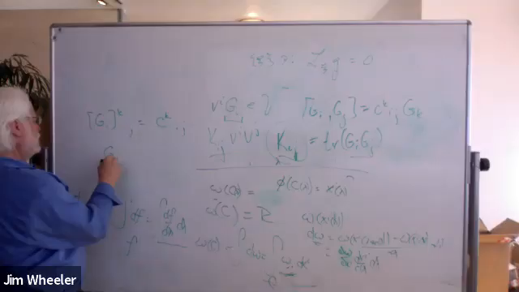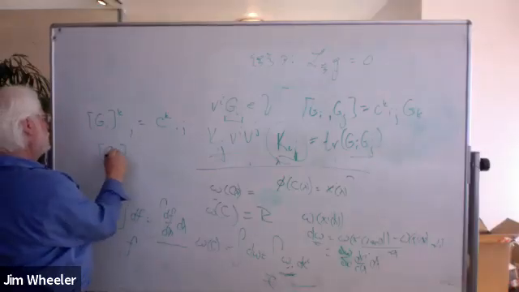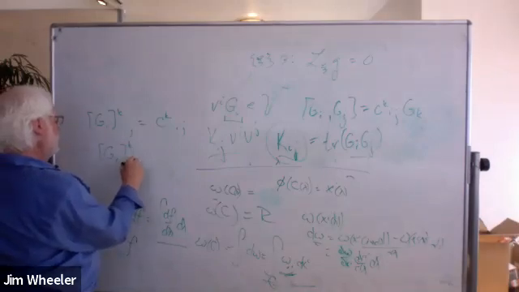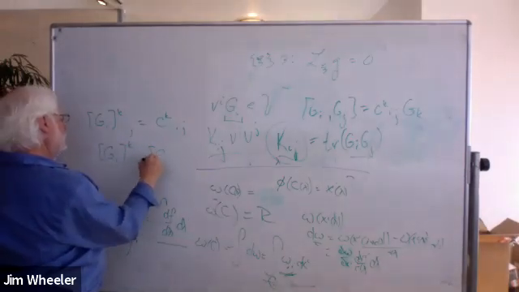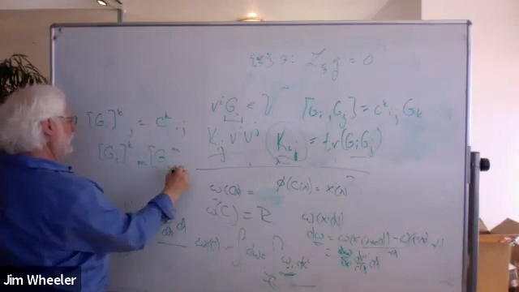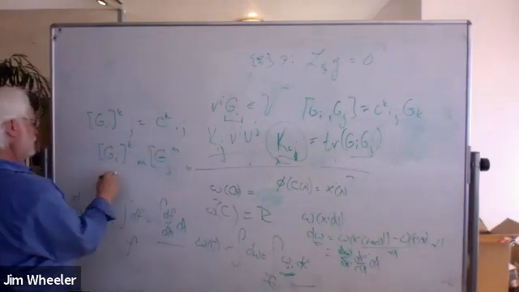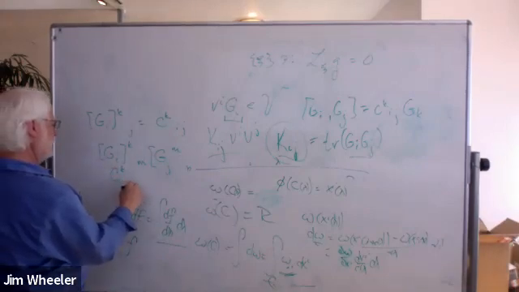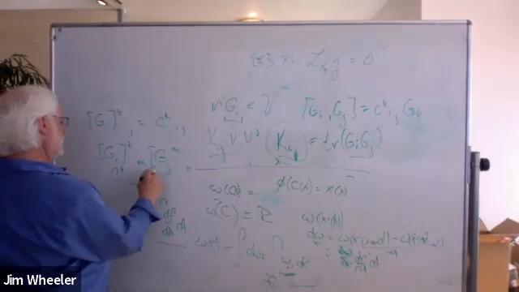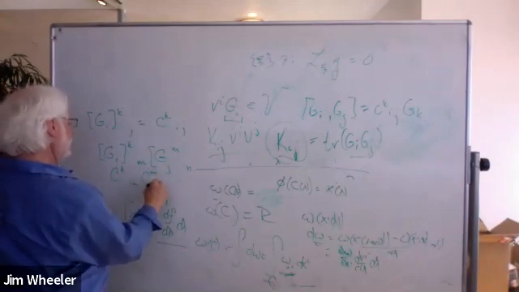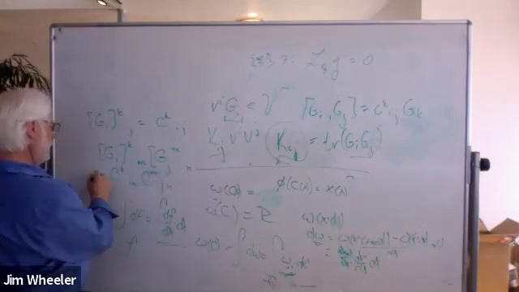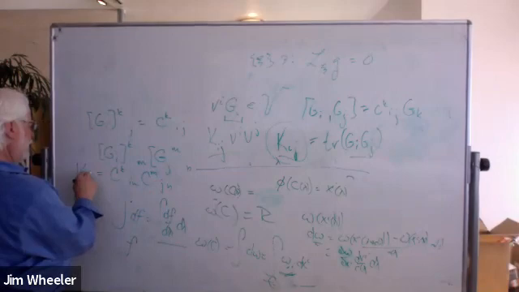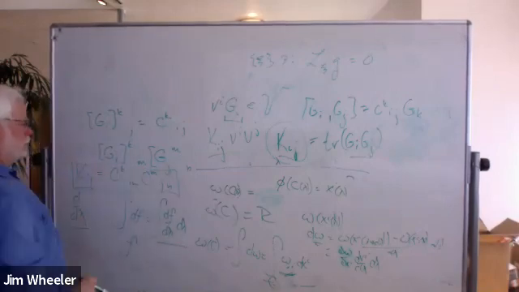Then if I take G_i, K, M, G_j, M, N, that's going to be C, K, I, M, C, M, J, N in this representation. K can be written in terms of the structure constants of the group.